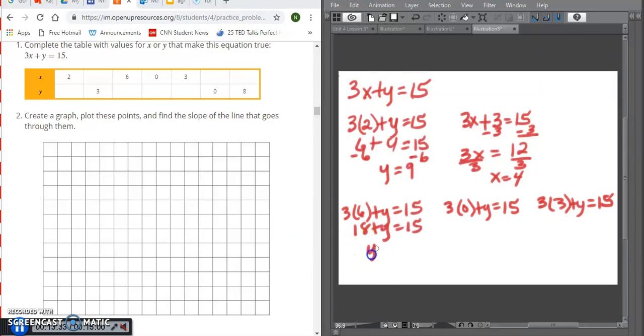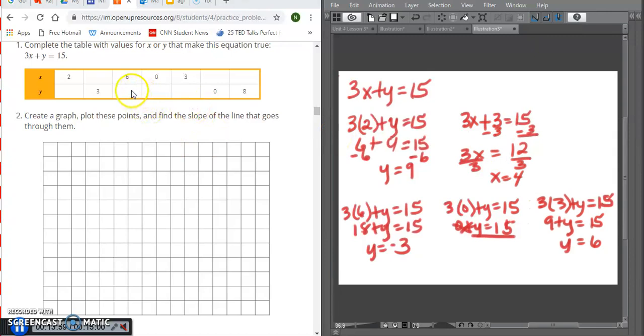This is going to end up with y equals negative 3 because I'm going to subtract 18 from both sides. This one is going to be 0 plus y equals 15. And I don't have to write that plus 0, so that's basically just y equals 15. And then here's going to be 9 plus y equals 15. Y is going to be equal to 6. So I would plug in right here for 6.